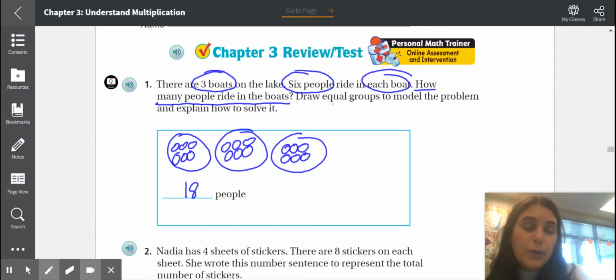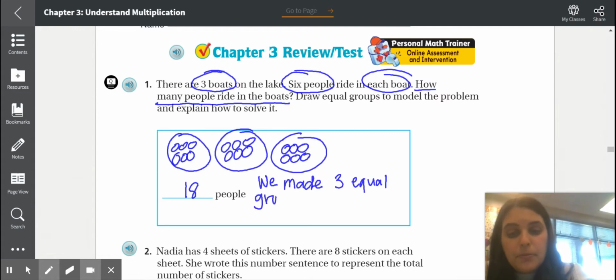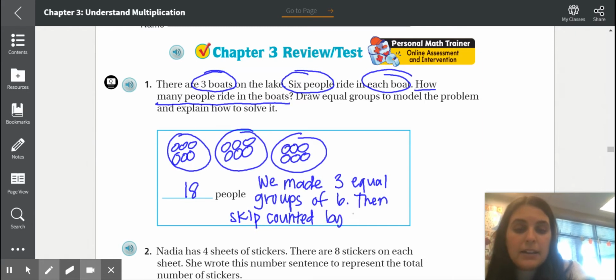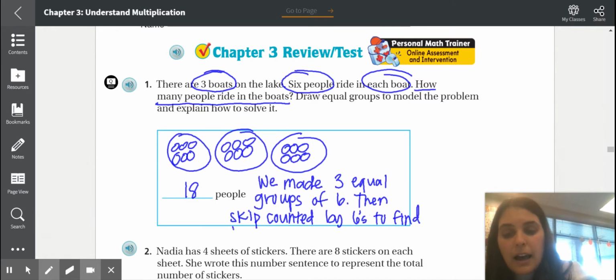So there's a lot of different ways that you could explain how you solved this problem, but because we made equal groups, we'll say, or you could say, I made 3 equal groups of 6, then skip counted by 6s to find how many in all.